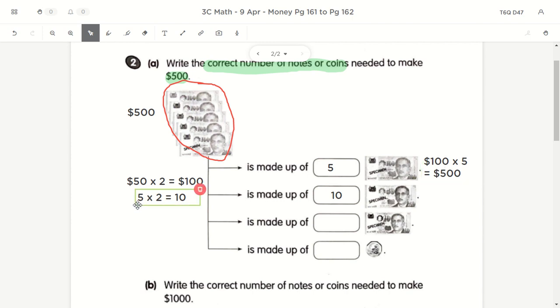And then in each group, there are two $50 notes. So in total, 5 groups of two $50 notes will give you 10 $50 notes. And that's how you get 10 $50 notes will give you 500. This is something you haven't learned yet, but in the future you will learn how to do this. So what you have here is 50 times 10 will also give you $500.